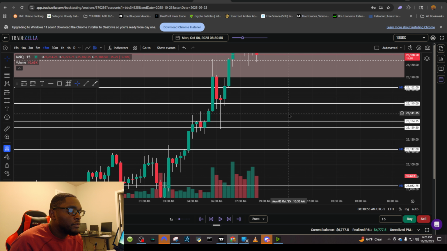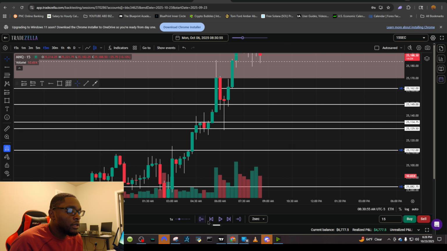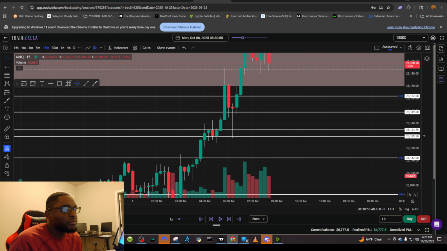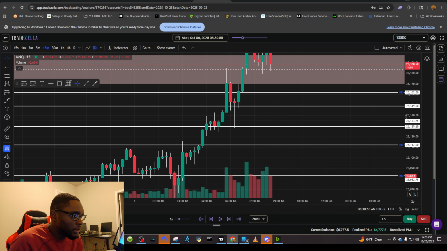We do have this 15-minute. That's a huge wick, and that zone would be too big. I don't like that zone right there. It's too big. This looks like it's like 60. How many ticks is this? Yeah, that's a 100 tick zone. I don't like that, so I'm not gonna mark that. Not gonna mark that.